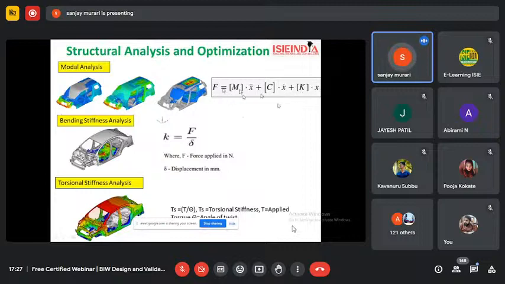When we solve it, we get eigenvalues and eigenvectors. Eigenvalues represent the natural frequency and eigenvectors represent the mode shape.